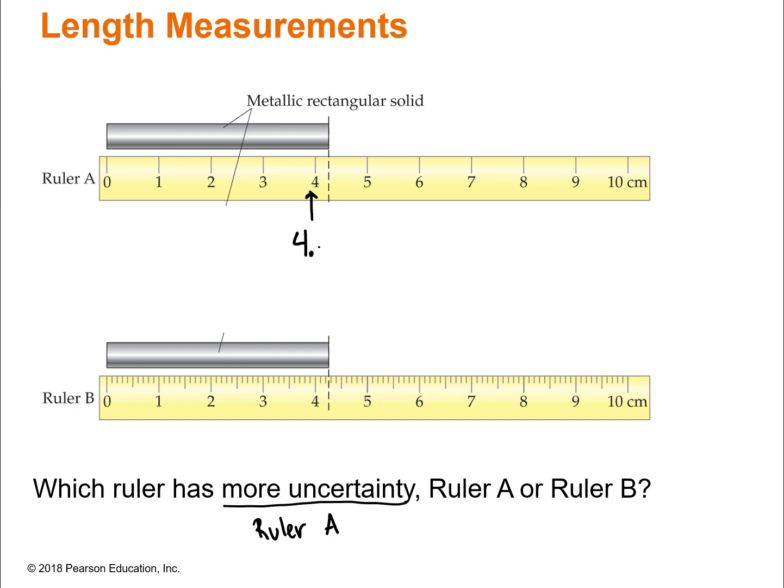Remember, each measurement has to have one uncertain digit, and that uncertain digit is the one that you guesstimate. So if I'm looking at ruler A, I'm going to say, well, this is about 4.3. That's your uncertain digit.